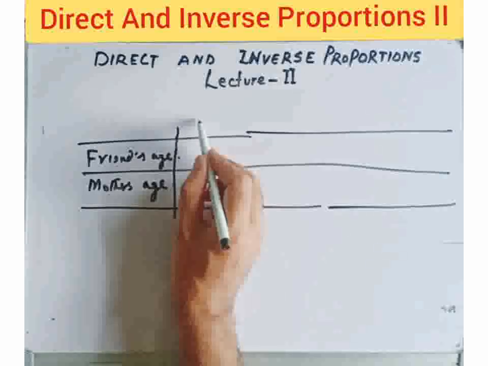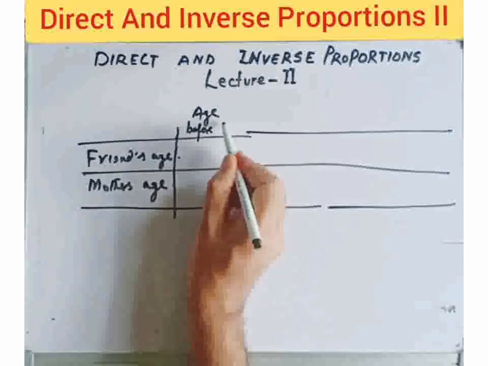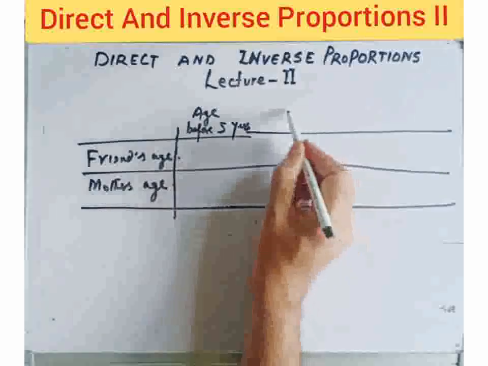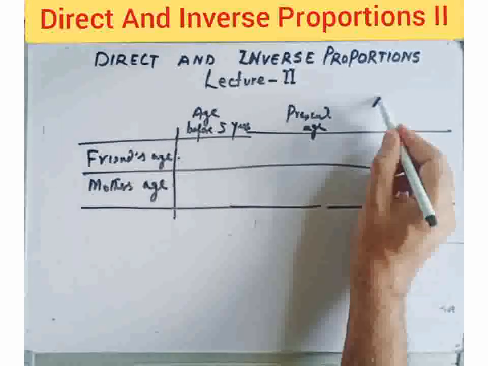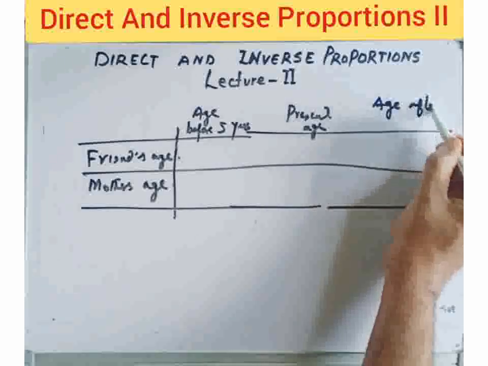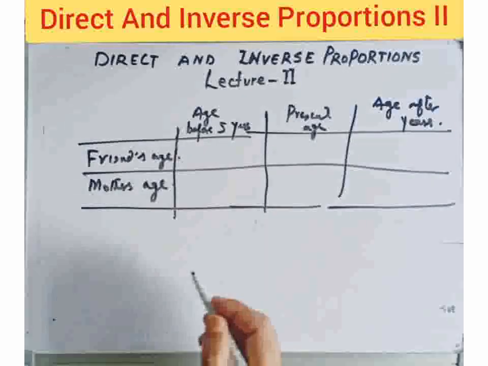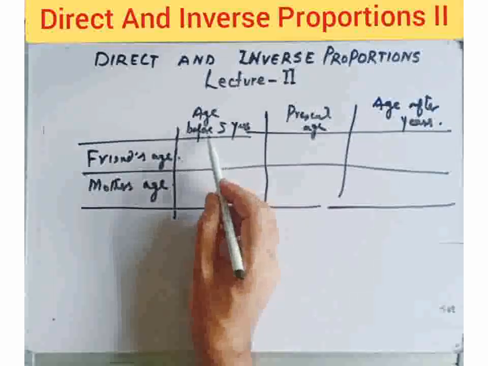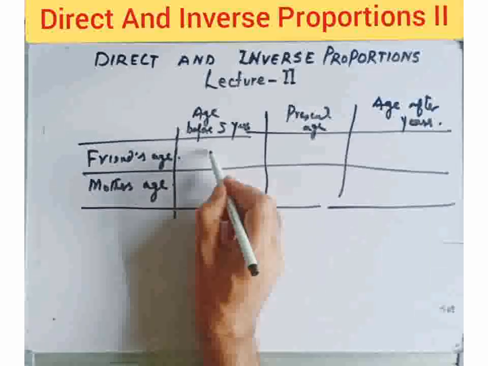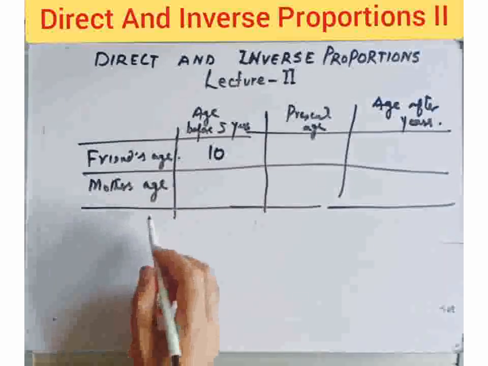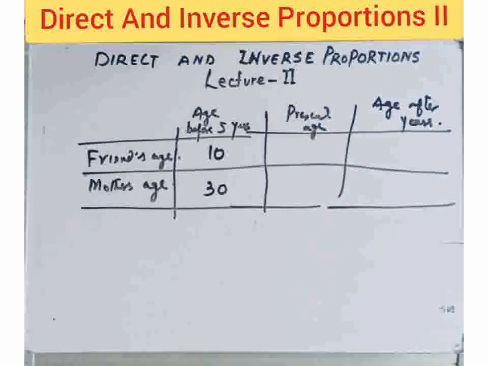Here we have age before 5 years, present age, and age after 5 years. Friend's age before 5 years was 10 years, and his mother's age before 5 years was 30 years, right?